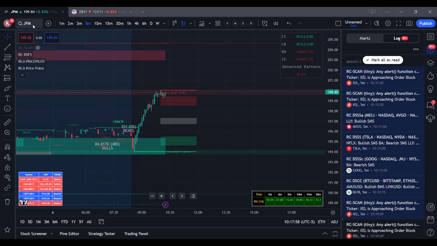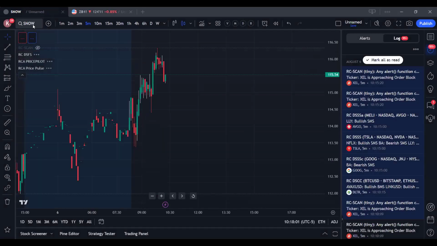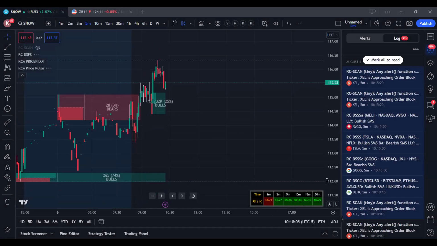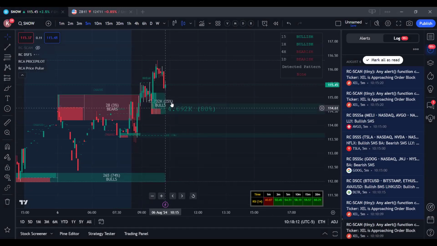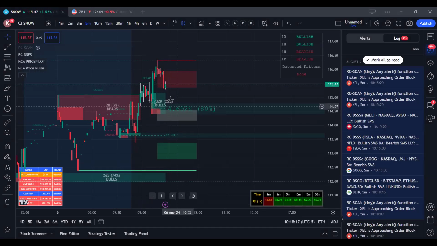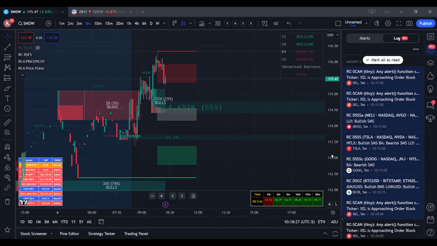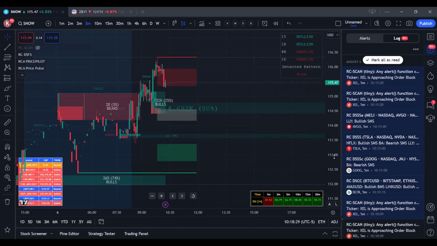Snow, CNA, TSM. Snow, if it comes somewhere around 114.7, 114.8, yeah, there is a good number of order blocks here. If it comes here and then we see a green candle, we can go with a long position. We can buy calls or we can sell puts.